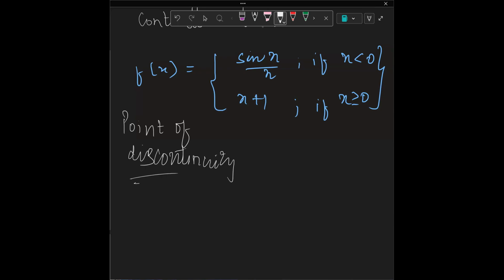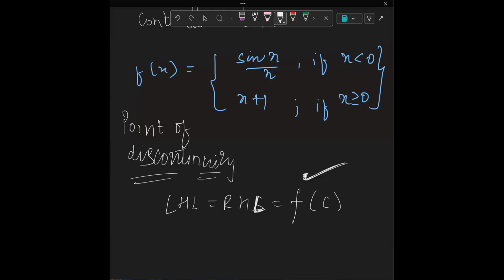Yes, whenever that condition is violated, that LHL is equal to RHL is equal to your function value at a particular c. Whenever, sorry, this is LHL, not RHS. Whenever this criteria is violated, then you will say you have some point of discontinuity.